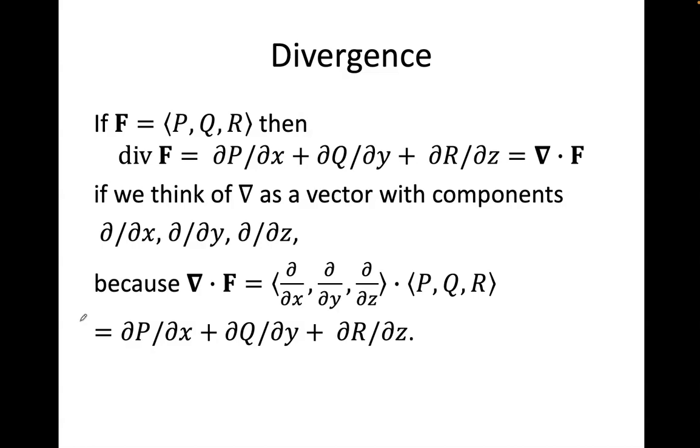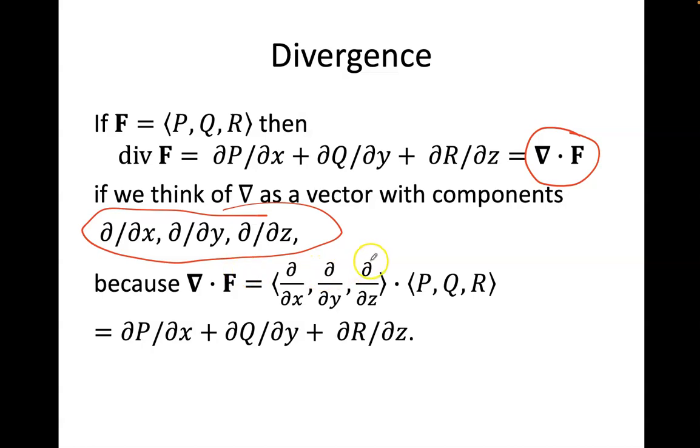Here's the formula. If F equals PQR, then the divergence of F is partial P partial X plus partial Q partial Y plus partial R partial Z. Now this is a slick way to represent the formula. This equals del dot F if we think of del as a vector with components partial partial X, partial partial Y, partial partial Z. Why is that?